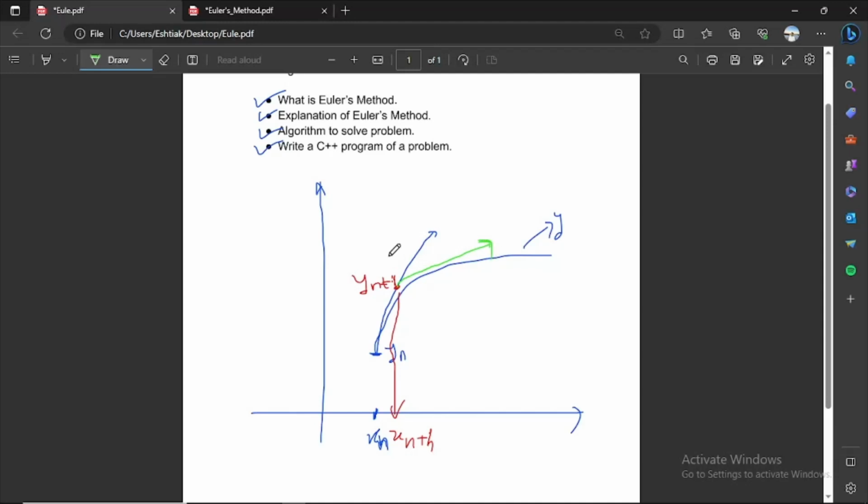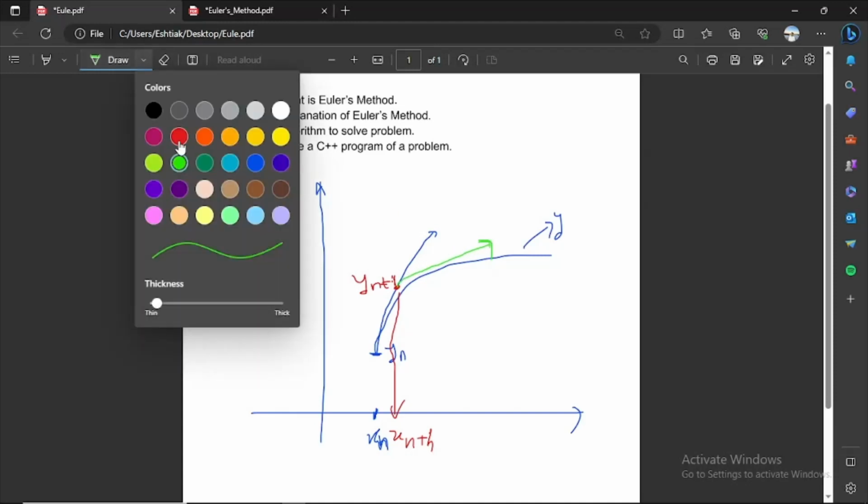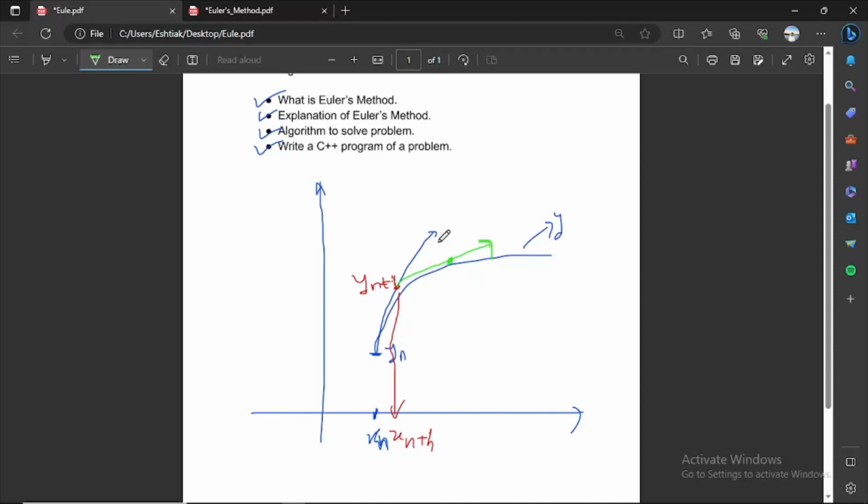For this tangent line, yn plus 1 is our initial condition, the initial value of our function, and this tangent line will give us our next approximation, which is yn plus 2, and this point is from xn plus 2h.